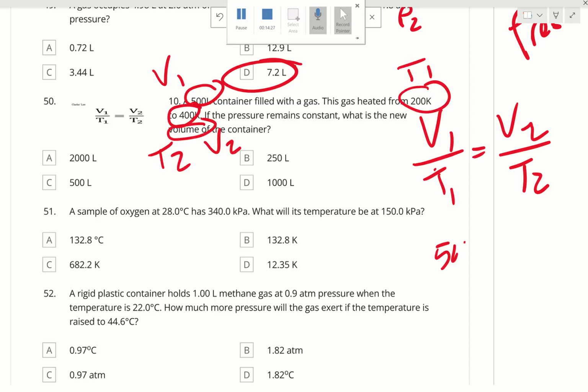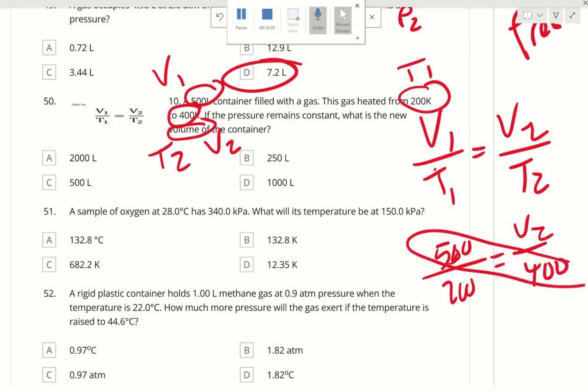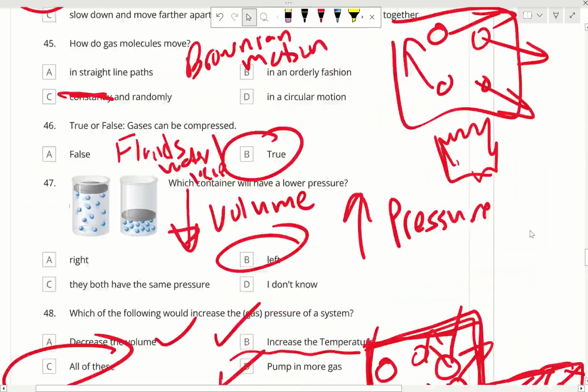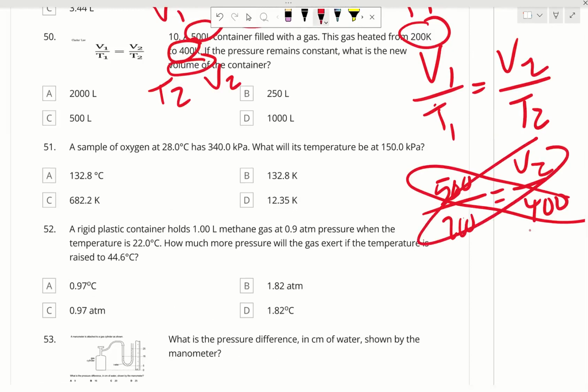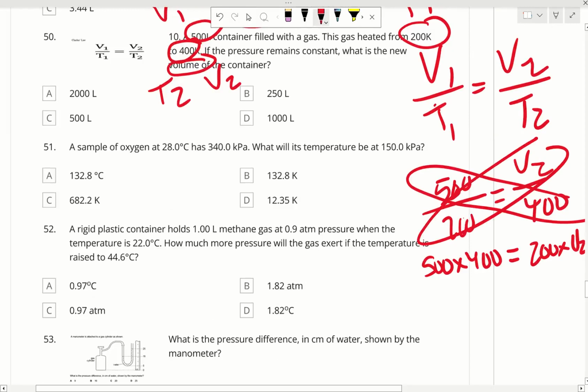So 500 over 200 equals V2 over 400. So I'm going to do the maqas, or the scissors. 500 times 400 equals 200 times V2.